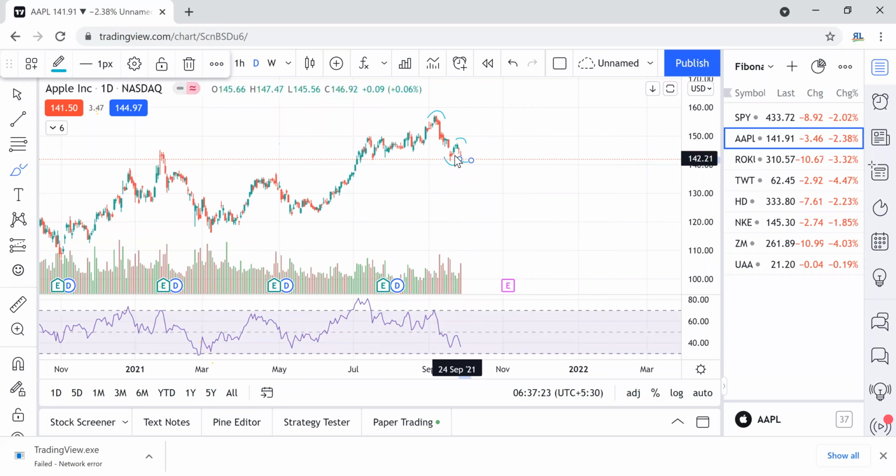But if it took out this little candle right here, then it's going to make a lower low. So clearly we can say that the bull trend that it had here has changed a little tiny bit. Does everybody agree? You can type in a yes if you do. Okay.